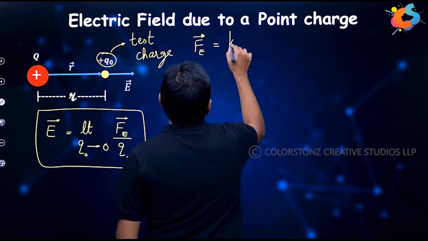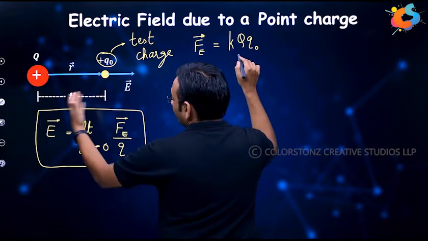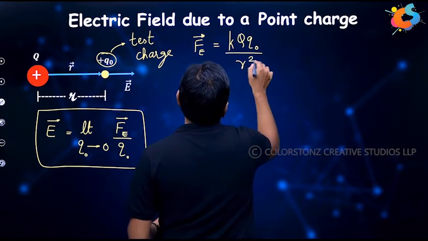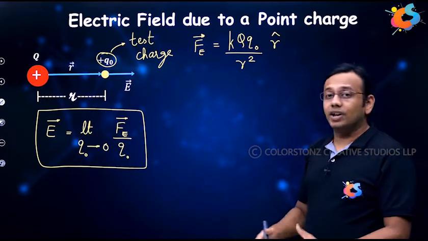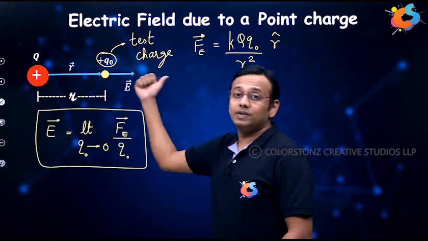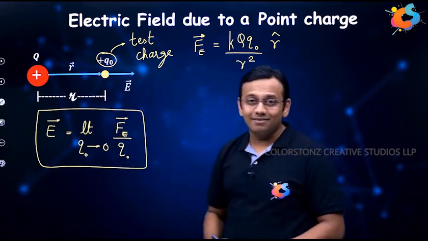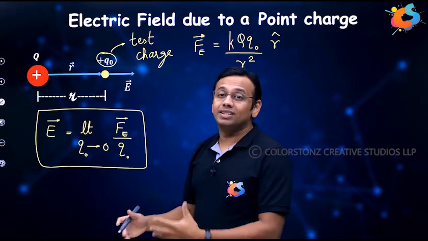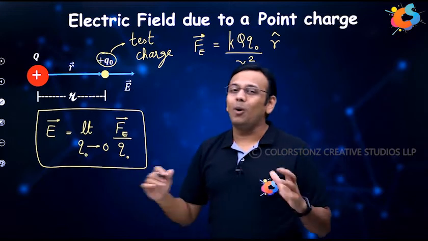So I can write it as K Q into Q naught divided by R square R cap. Because both are positive charges, electrostatic force is going to be in the direction of the position vector itself. If one of the charges was negative, the direction of force will be opposite.